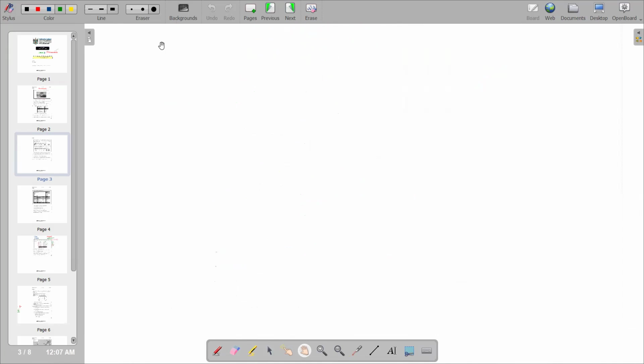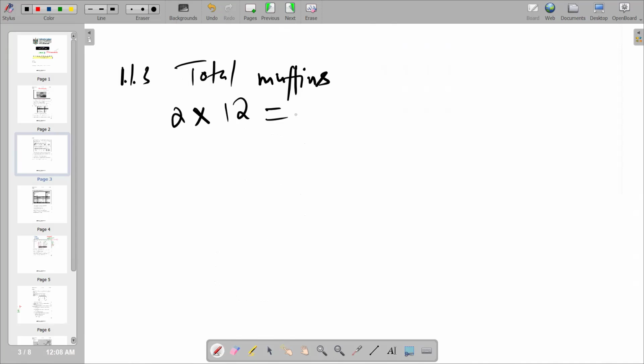So for 1.1.3, we are saying total muffins, 2 times 12, and then you get your total of 24 muffins. So that's how we calculate it on that part.